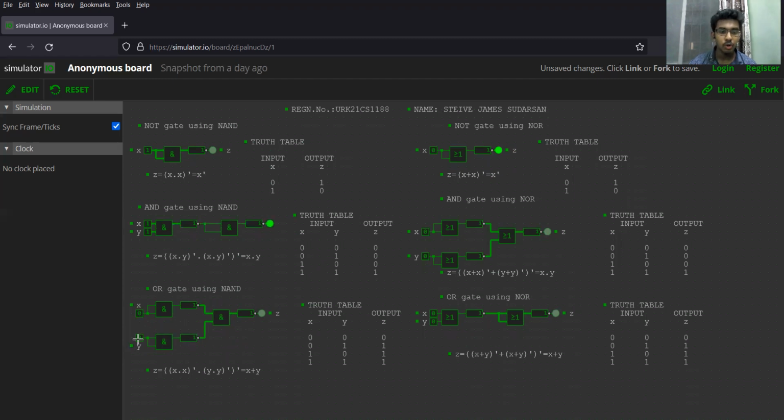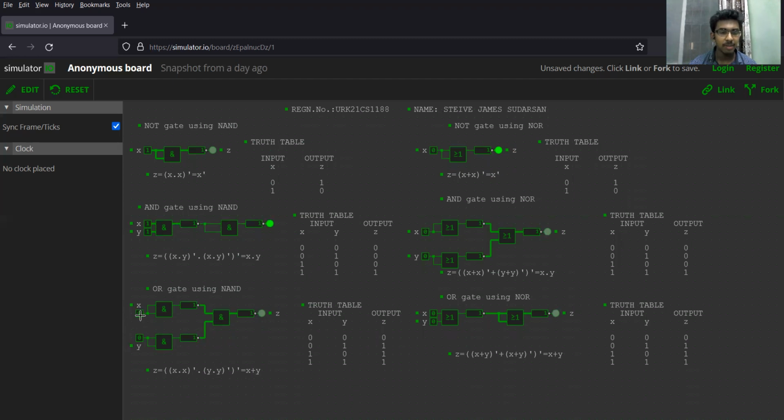It has two inputs and one output. The formula is x dot x, the whole complement, dot y dot y, the whole complement, to the whole complement, which gives x plus y. It is nothing but an OR gate. We can verify it with its truth table. When both inputs are zeros, the output is 0.